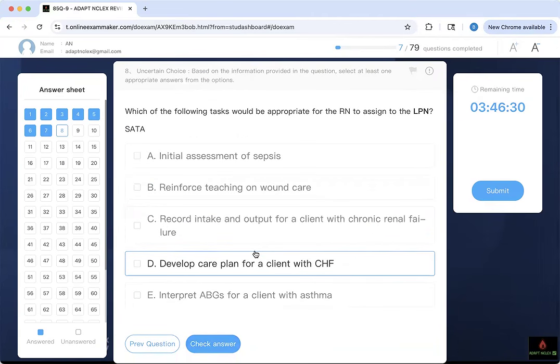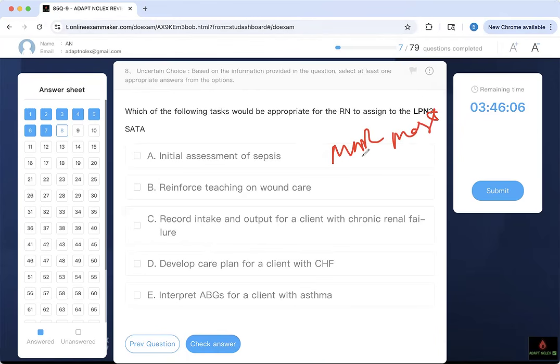Which of the following tasks will be appropriate for the RN to assign to the LPN? What does the LPN do? They monitor, they reinforce, right? Special tests, tube feeding. Those are the things you need to pay attention to. If you watch my videos, I call them MMR most, right?